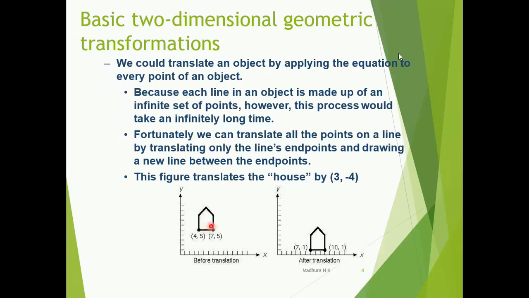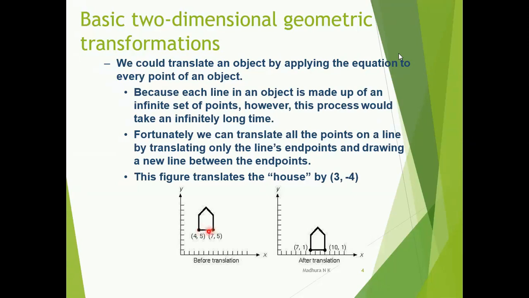Now if you want to translate this object to some other place, or move it to some other position on the xy plane, then you can apply the translation equation you had earlier.